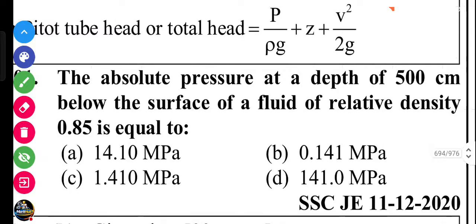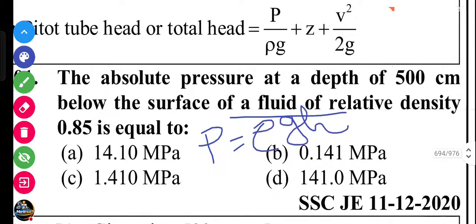The absolute pressure at a depth of 500 centimeter below the surface of a liquid of relative density 0.85 is equal to. We know the equation of the pressure on depth: pressure equals rho g h, where rho is the density, g is the gravitational acceleration, h is the height or the depth from the free surface. In this equation you put the values.